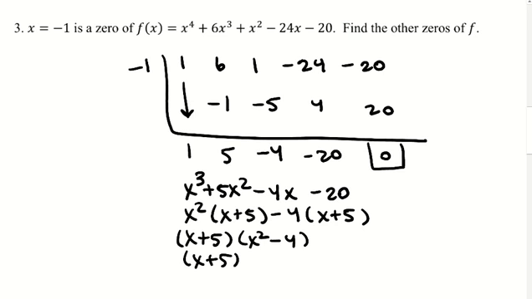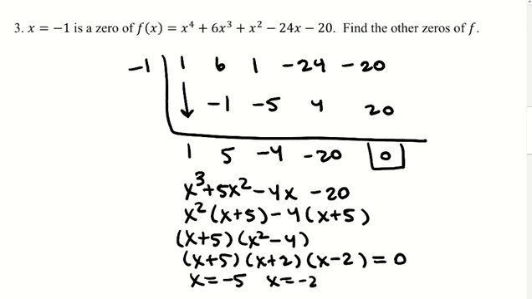Then I have x plus 5, x plus 2, and x minus 2. So that means that the other zeros are going to be wherever this thing equals 0. So that'll be x equals negative 5, x equals negative 2, and x equals positive 2. Okay, those would be the other zeros.